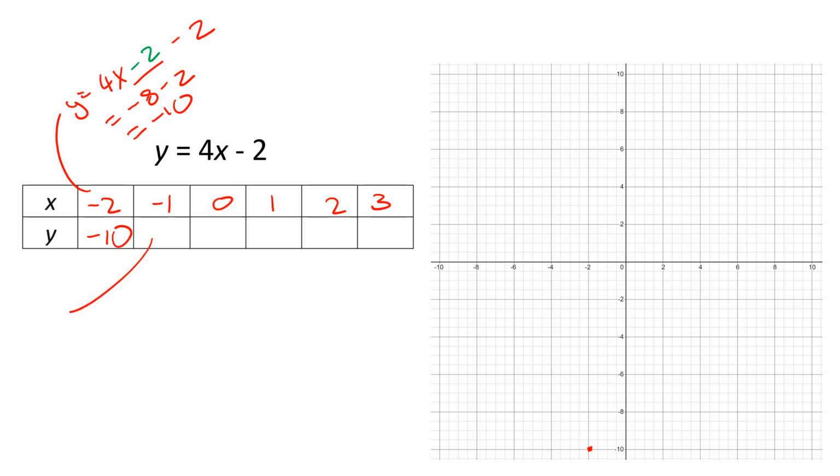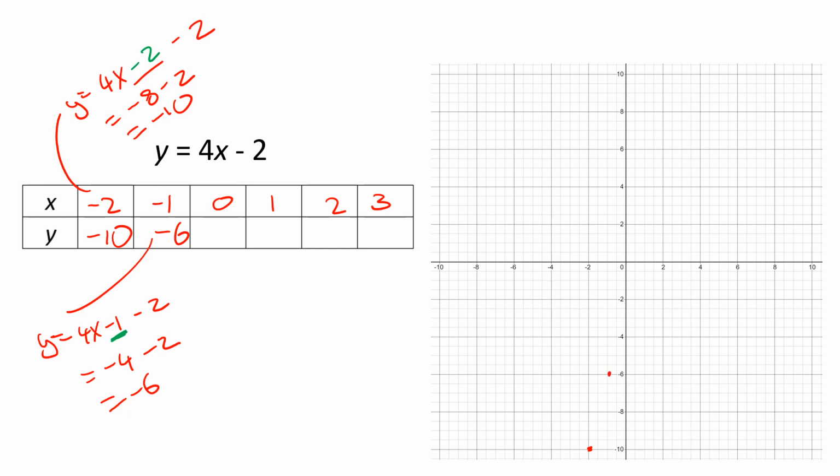So my next one, I'm going to go y equals 4 times -1, -2. And I should have underlined that. That's the one I'm adding in from the table. And so that becomes -4, -2, so it equals -6. So I'm going to get x equals -1, and I'm going to go down to y -6.